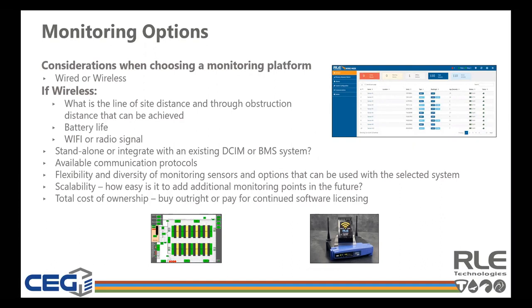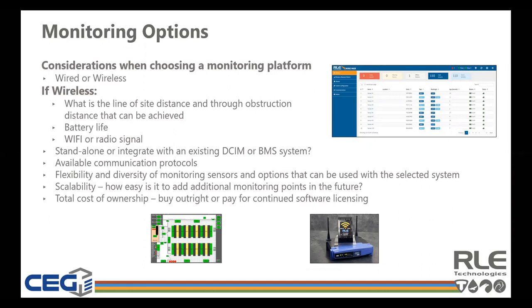So you want to also look at how you're going to use the system, right? Am I going to integrate these monitoring sensors with a larger BMS or DCIM tool that I spend a lot of money on? So you want to make sure that if that's the case, your sensors can output information into common protocols that you're able to integrate, like SNMP or Modbus or BACnet.